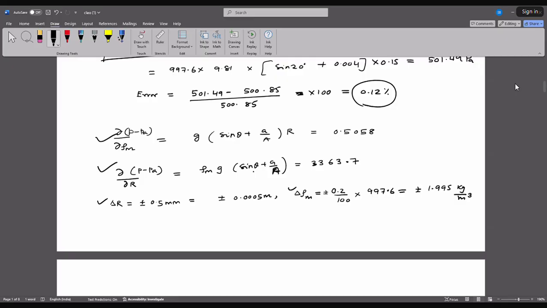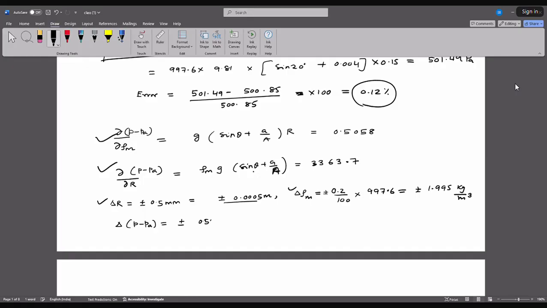Using the propagation of uncertainty formula, we can find the error in the differential pressure: plus minus the gradient times the error, squared, add them up and take the square root.